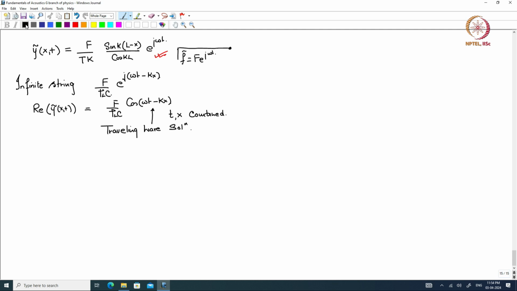If I want now the real part of the solution, what I get is f over tk sin k(L minus x) over cos kL, into cos omega t.